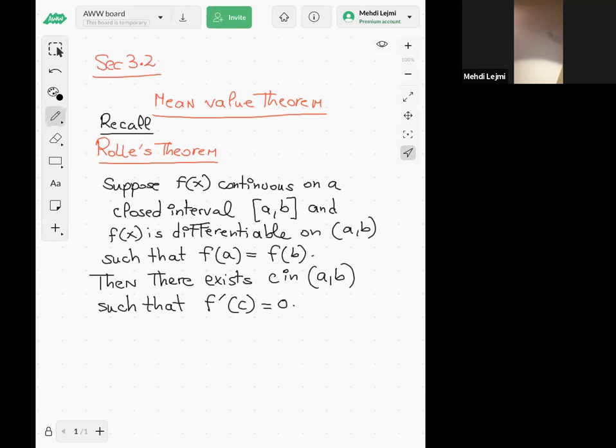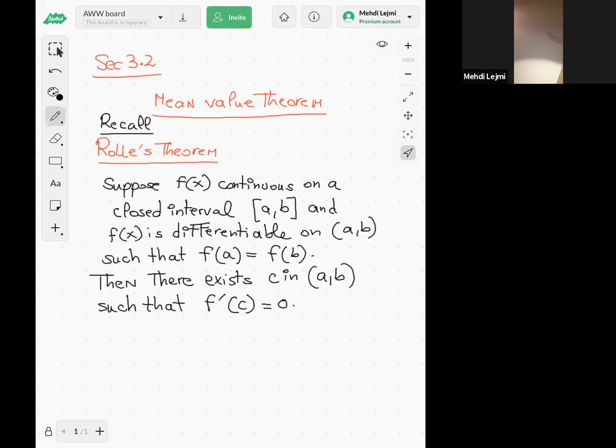Problem 6 says to show that the equation has at most two real roots, or two real solutions. We had a similar example last week.